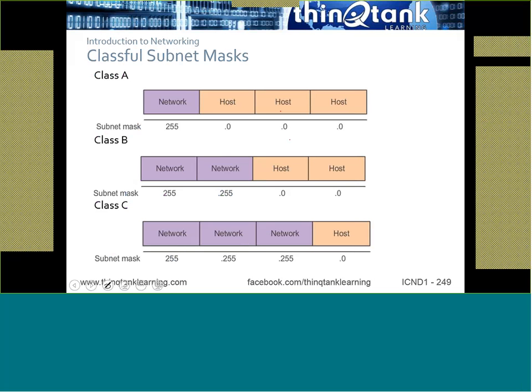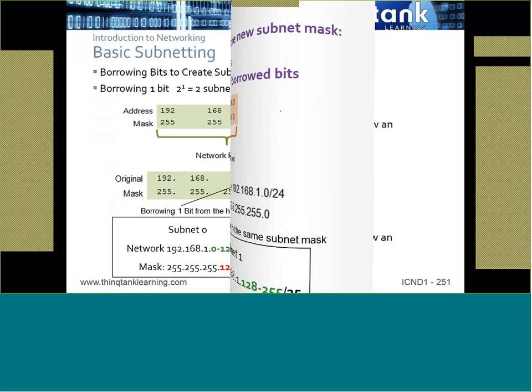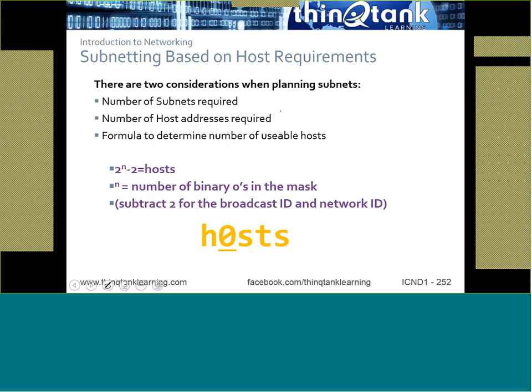The number of ones in the mask determine how many networks. The number of zeros in a mask determine how many hosts per network. That's why I wrote it this way. Kind of burn it into your brain. Hosts, zeros.